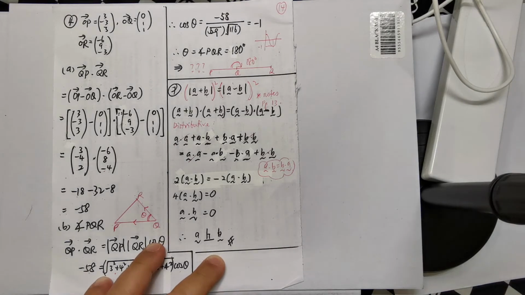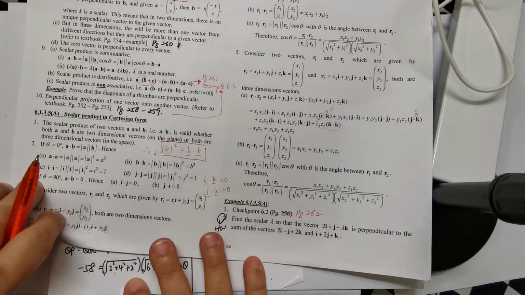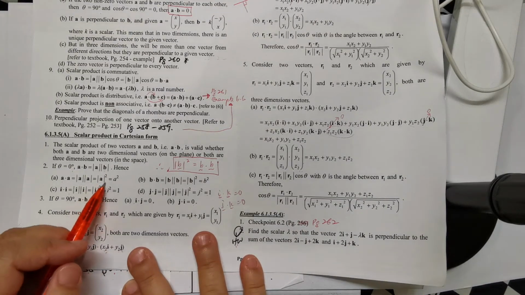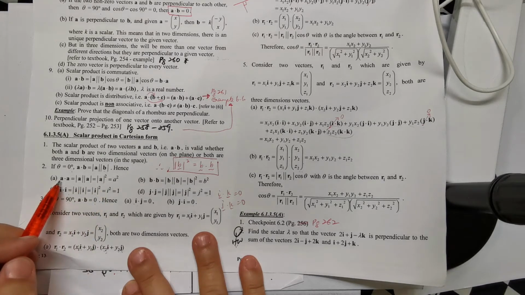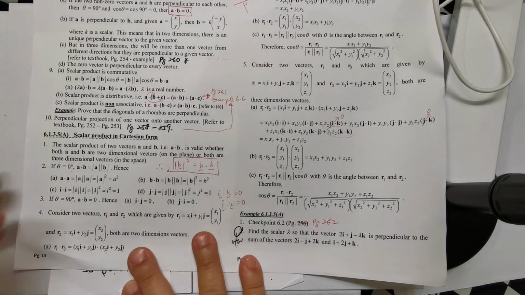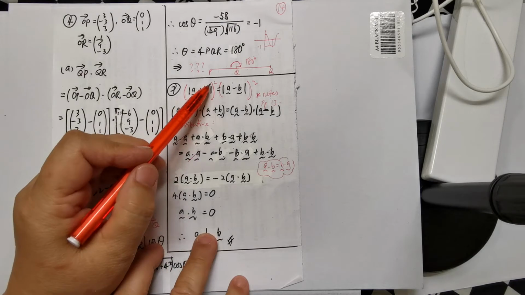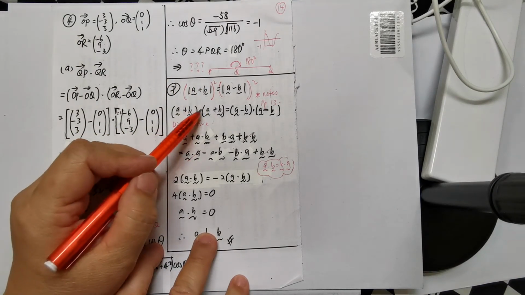If you square the modulus of a vector, it's actually the same as the vector dot itself. We are using this concept. So the square of the modulus of A plus B means A plus B dot A plus B.